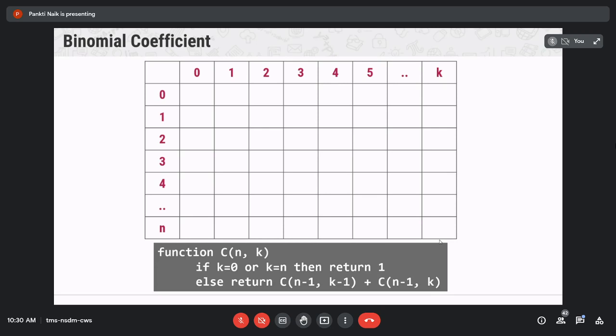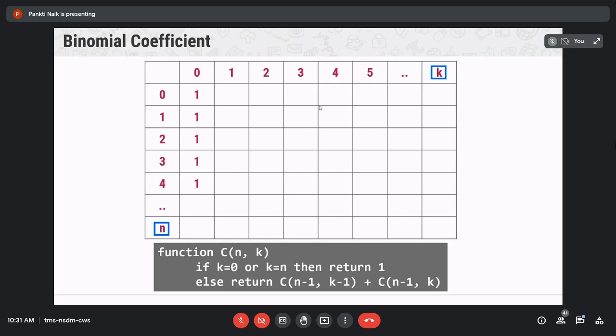Now if we record the binomial coefficients for n and k values ranging from 0 to n and 0 to k, then the table looks like this. The rows indicate the 0 to n values and the columns indicate the 0 to k values. Whenever n is equal to 0 and k is equal to 0, it is 1.